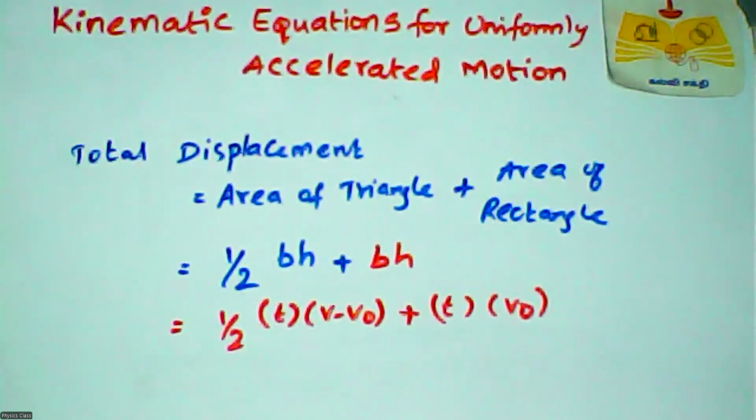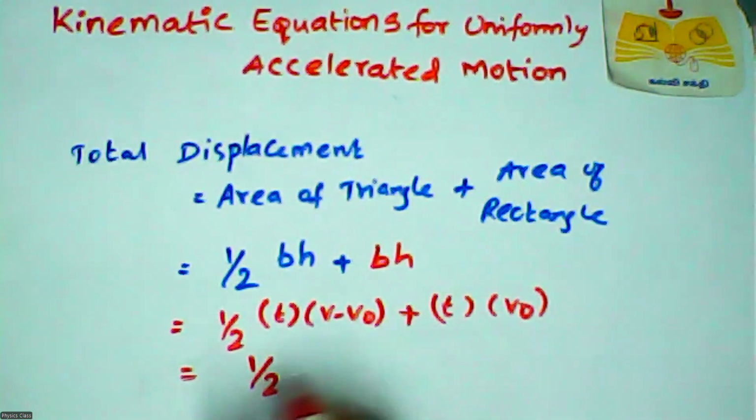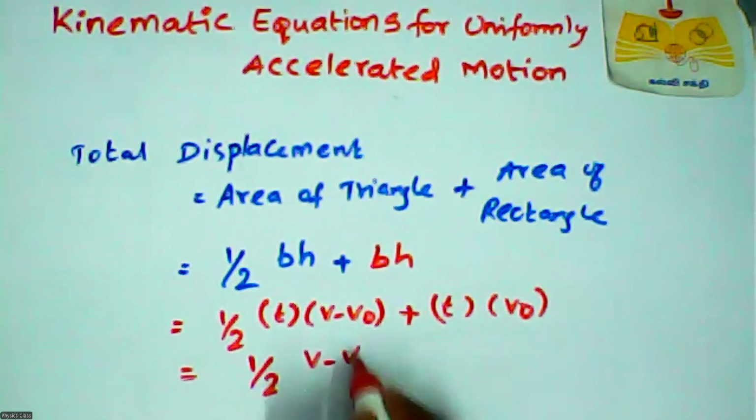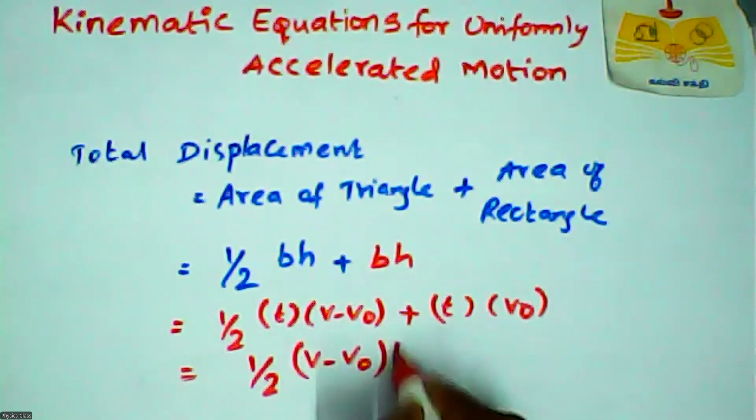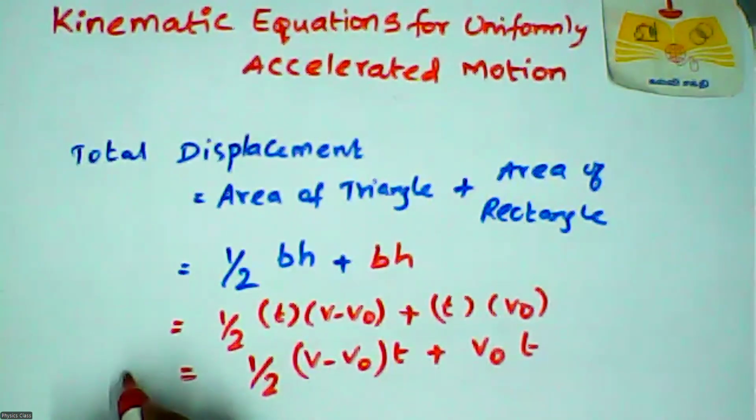So we can rearrange these equations. For simplicity, we can write like this: half v minus v naught into t, and plus v naught into t. So here total displacement is denoted as x.